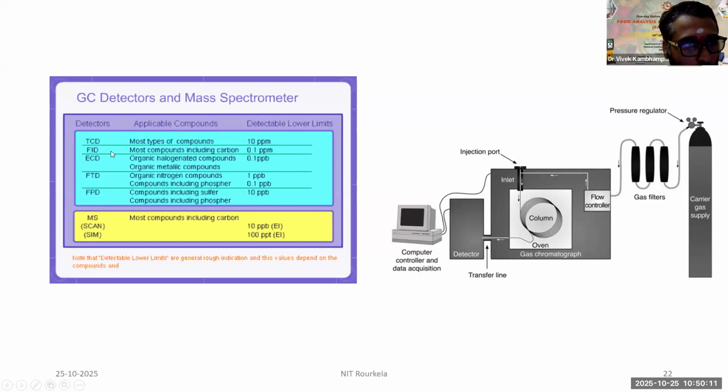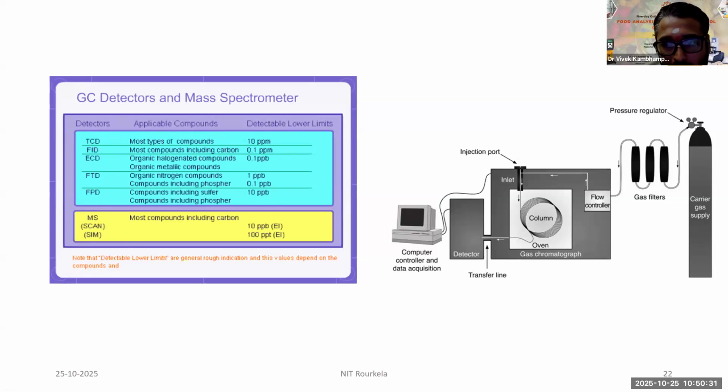FID detector is also commonly used. Most of the compounds including carbon, with detectable lower limits of 0.1 ppm. Like that you have different types of GC detectors and mass spectrometry detectors. You can identify detectable lower limits of the sample.